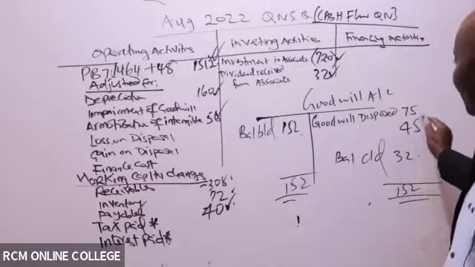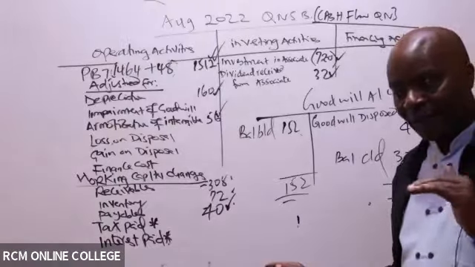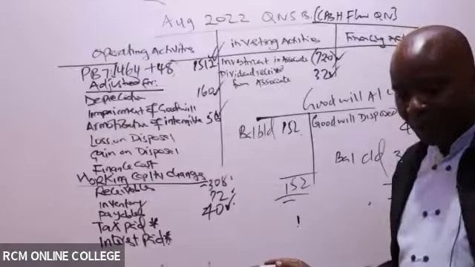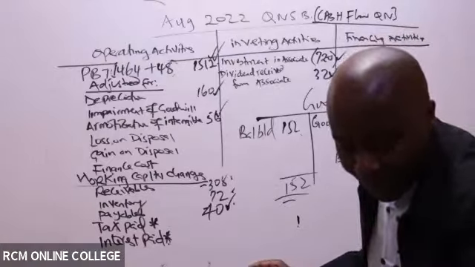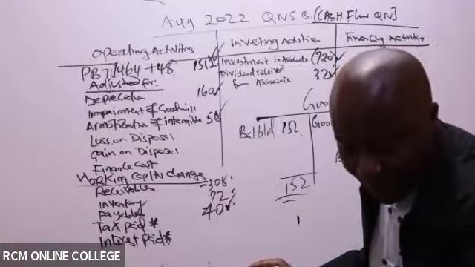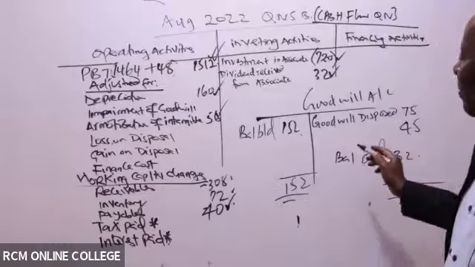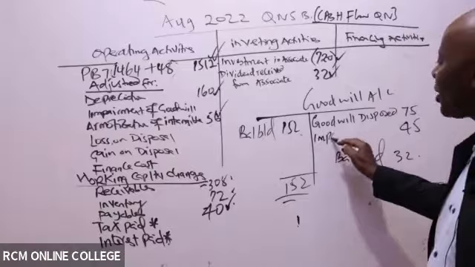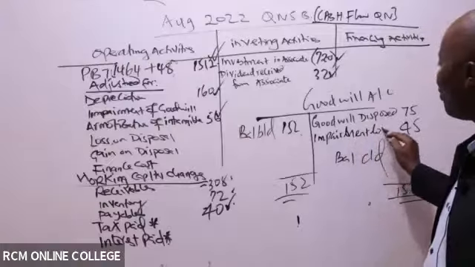So what does this 45 stand for? Impairment loss, yes. Impairment loss for the whole group now.